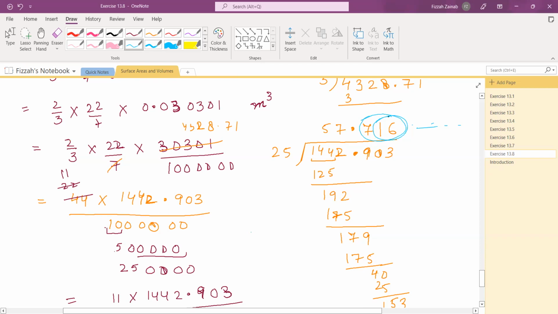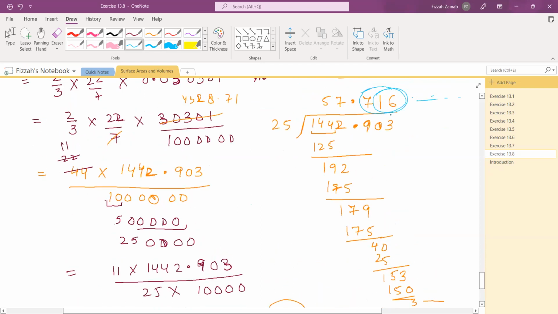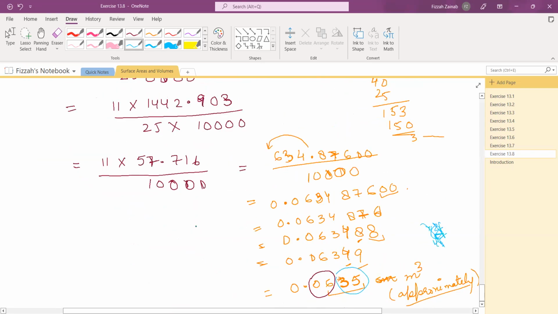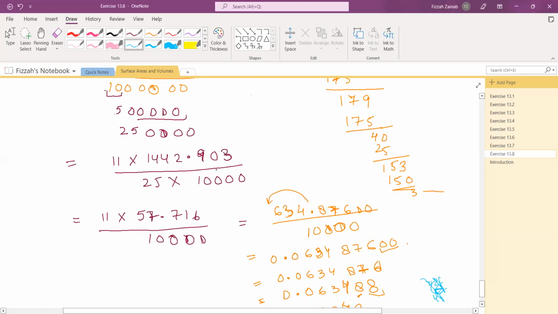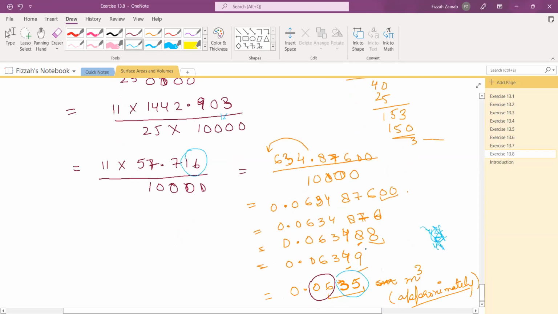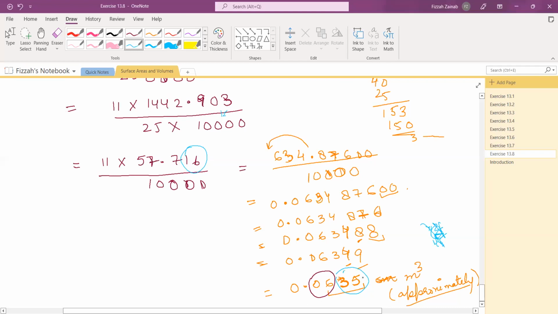Yes. And then if I put this number here, I'll get a slightly different answer. So if I get something else here, that will affect my final answer. So my final answer might vary a little bit at this point of decimal.